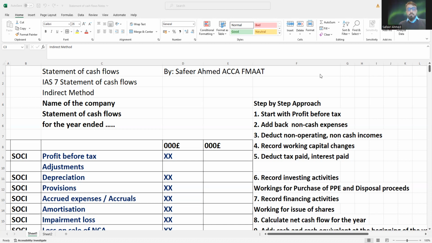So what's really important to understand is the difference between an income statement or a statement of comprehensive income, also known as statement of profit or loss, and cash flow statement.